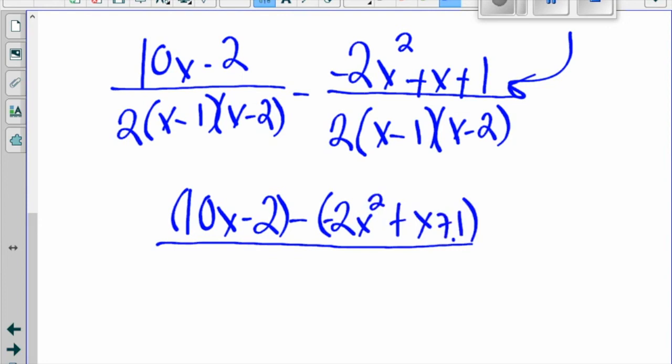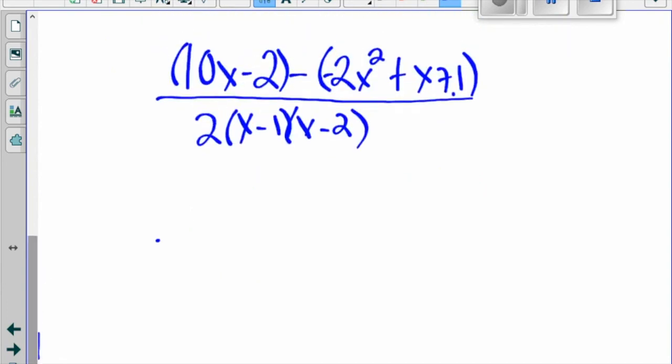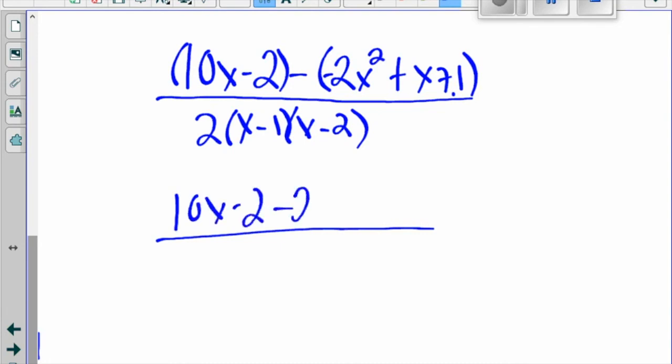So if you don't feel as comfortable just switching from one step to the next, write it with parentheses and then change it. If we can write it this way, and then I can drop those parentheses and change the signs of the second.